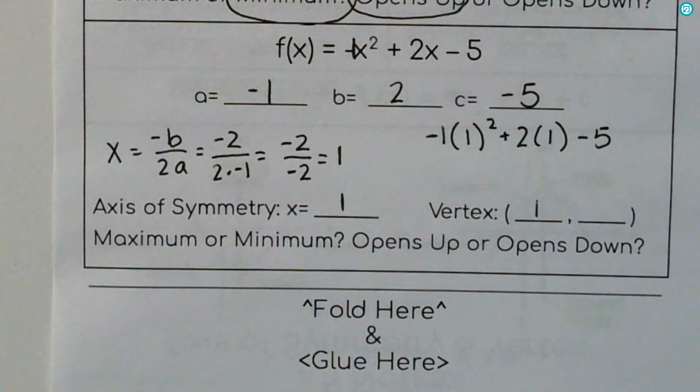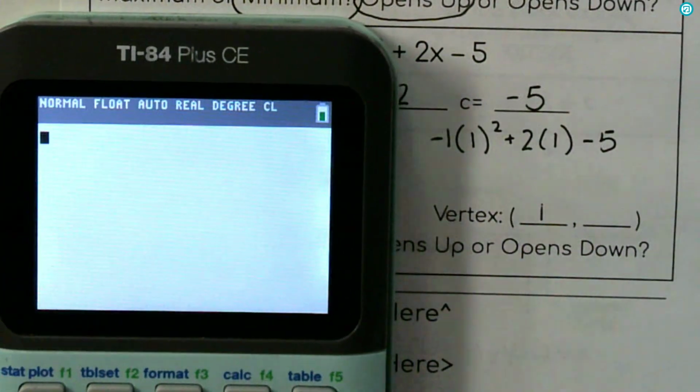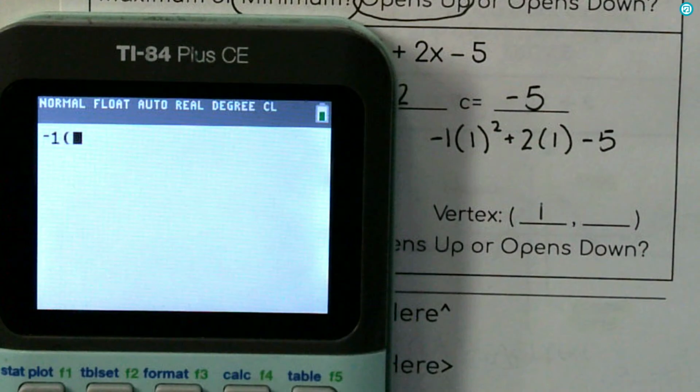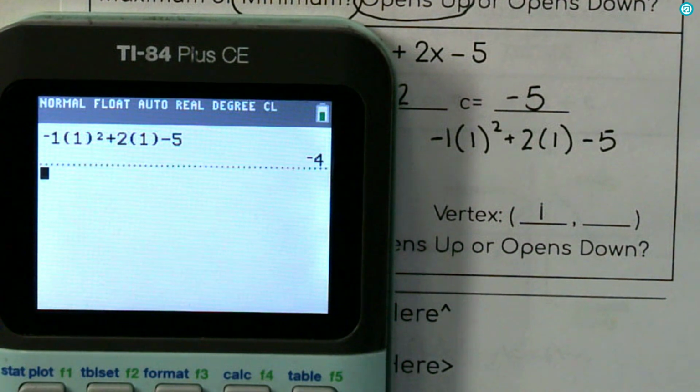It's just a weird order of operations thing. So that's why I like to always put those negative 1s in. So negative 1, open parentheses, 1 squared plus 2 times 1 minus 5. And I get negative 4.